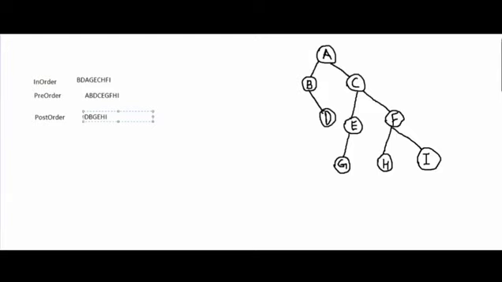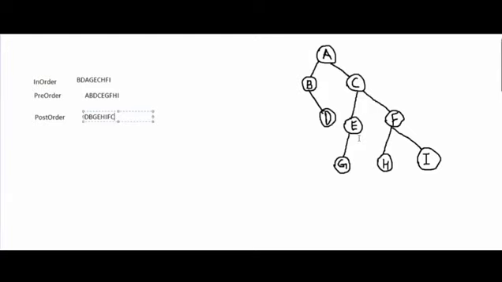We are done with the left and right parts of the C root node, right? So the root for both the left and right is C. So now we will write C. We are done with the left part, B, D, and we are done with the right part, C, E, G, F, H, I. The root node for both sides, left and right, is A, right?